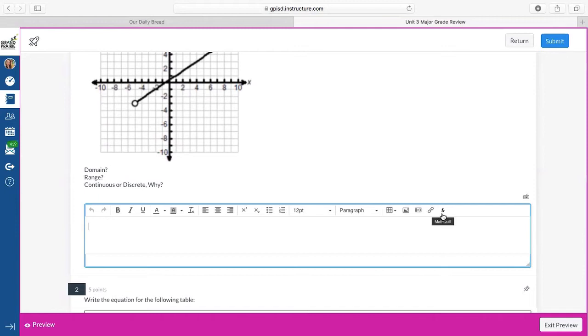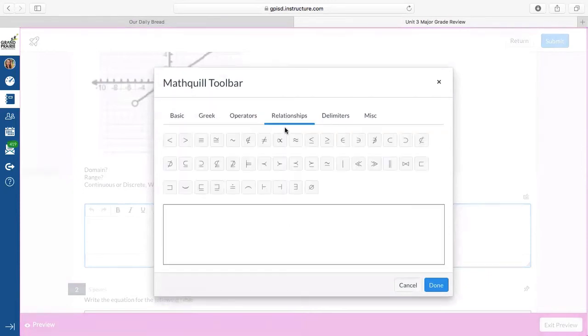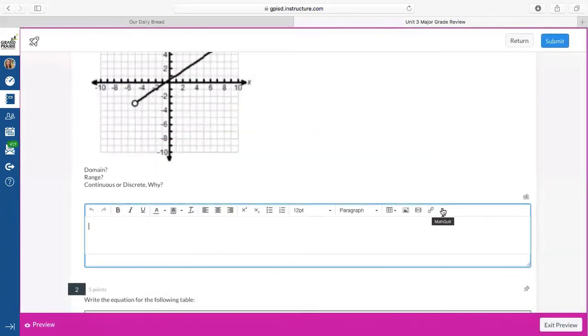Oh, press this little thing right here in the MathQuill at the end, and then go to relationships. And then the less than or equal to sign and greater than or equal to sign should be over here. It's the fx on the text box, and then go to relationships.